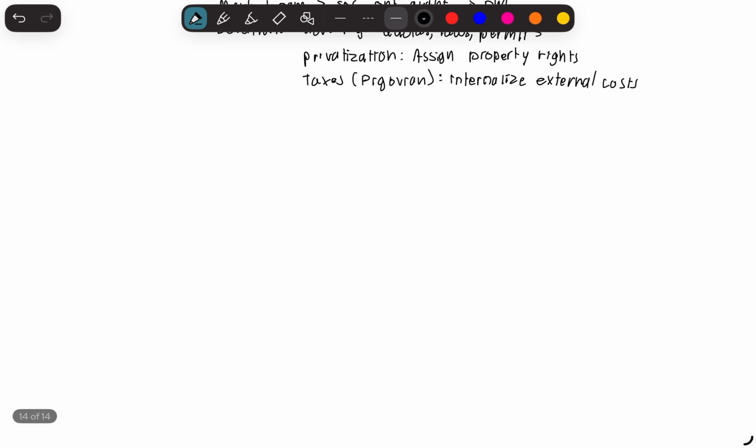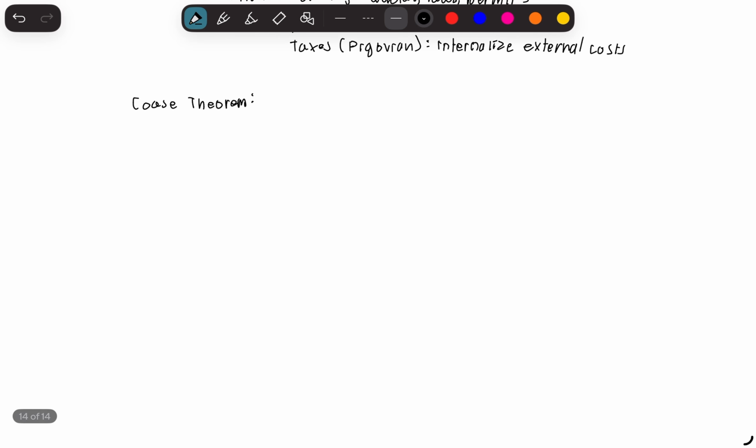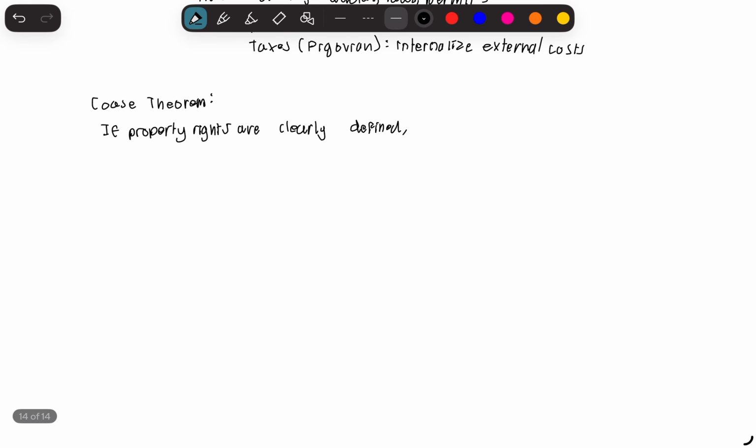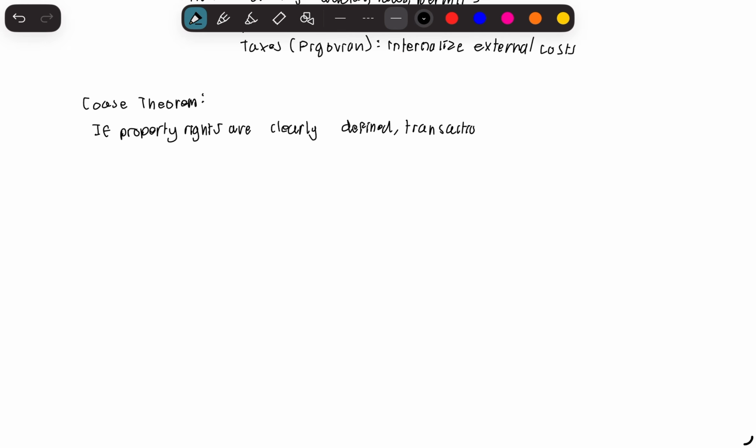Now, let's think about Coase theorem. The idea is if these conditions are met, then private bargaining between two consenting groups will eventually come to a socially optimal outcome for both of them.